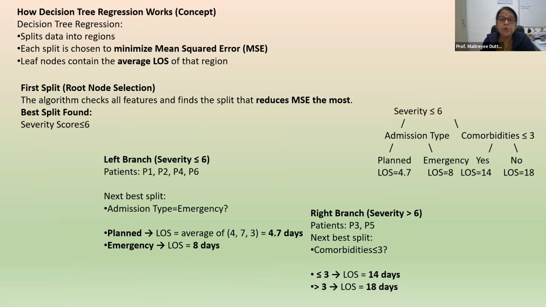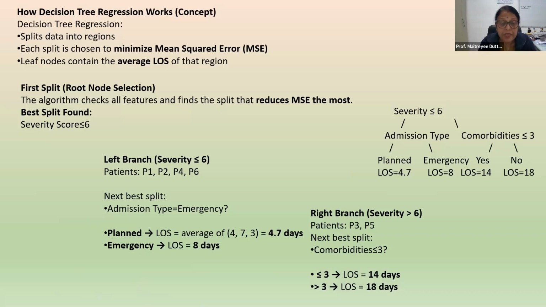Whenever you split the data, you have to find the best split. That's why it is known as a greedy algorithm. Why is the decision tree known as a greedy algorithm? At each and every step, it will find the best split, right?